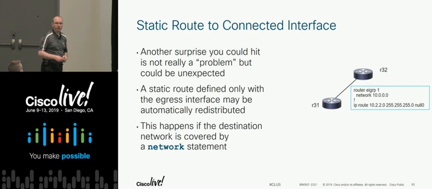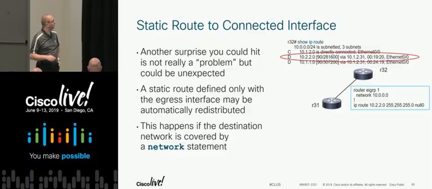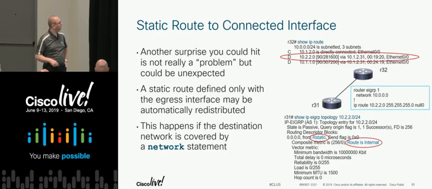Another surprise that you may actually have been hit by in the past is that you did a configuration like this: router EIGRP 1, you did network, just a network and nothing with redistribution, and somehow a directly connected route made it into EIGRP and even said, hey, I'm redistributed. Why is this?